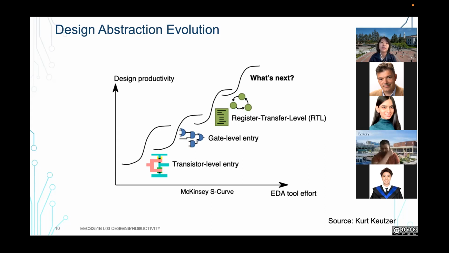This is still the main level of abstraction when people approach hardware design, right? The classic question at this point for the EDA industry is: we have been at this RTL level for a while, so what's next? How can we go to a higher level of abstraction? Because typically, when we go to a higher level of abstraction, the design also gets easier.